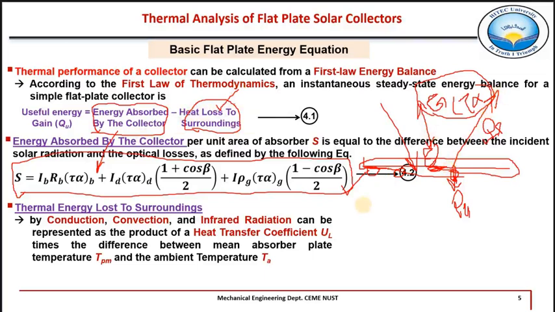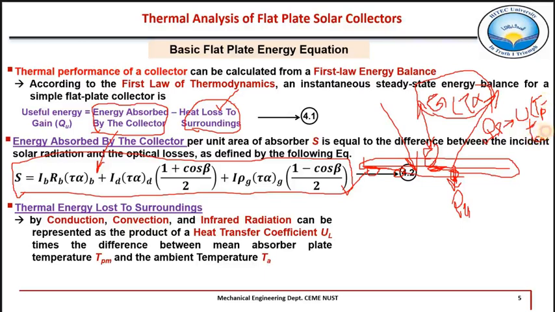The energy which is lost is, of course, by conduction, convection, and infrared radiation from this plate back to the ambient. This loss, QL, can be represented as a product of the overall heat transfer coefficient, from heat transfer basics, into the temperature difference, which is Tp minus Ta.